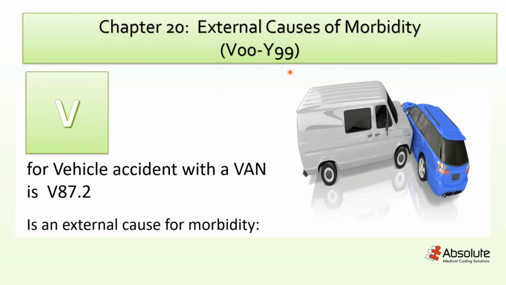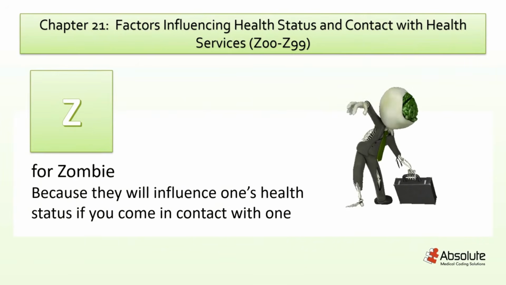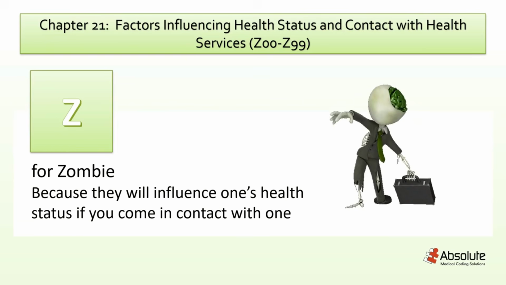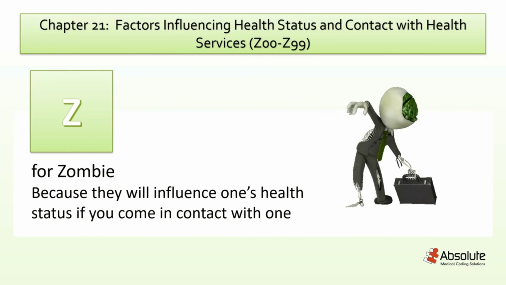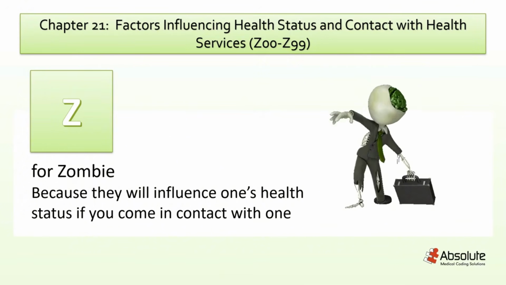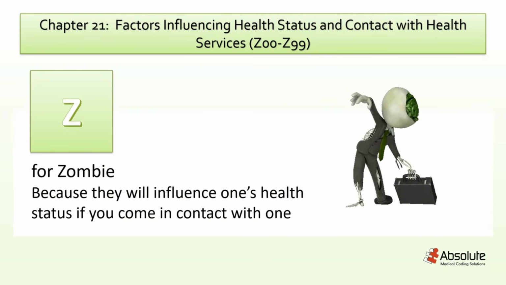Next up, Chapter 21. Factors influencing health status and contact with health services. Code series Z00 through Z99. Category 21, of course, begins with the letter Z. These are not necessarily diagnoses. These are conditions or circumstances that influence your health status.